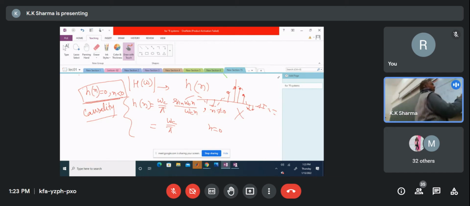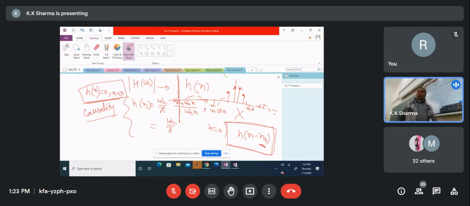Now, one way of approximating this could be that you delay this h of n, you obtain h of n minus n0. So ultimately your origin will be shifted somewhere here. Now you can make it causal. So after delaying it by some fixed unit which is sufficiently large, you can approximate it.